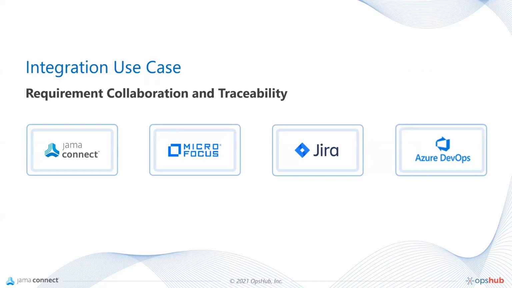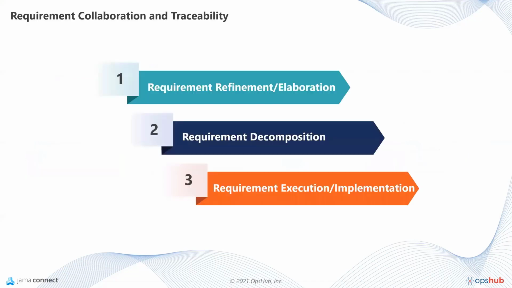And so we'll go through the requirement collaboration to show a bit of the traceability and how those work together. So the first step will be requirement refinement and elaboration. So we've got features being created. We'll go through requirement decomposition, so breaking those features down, and then requirement execution and implementation.